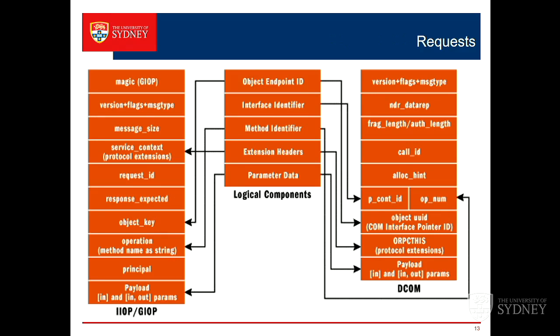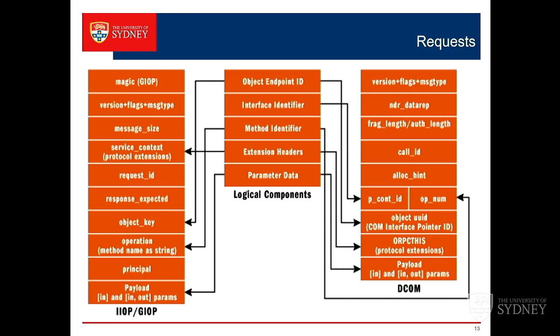Getting a bit more real. This is the bit in the middle, that same diagram from the previous slide, and this is the CORBA, also used by Java, physical message which implements that, IIOP, and this is a Microsoft one that implements the same thing called DCOM, and you can see that's what they contain.